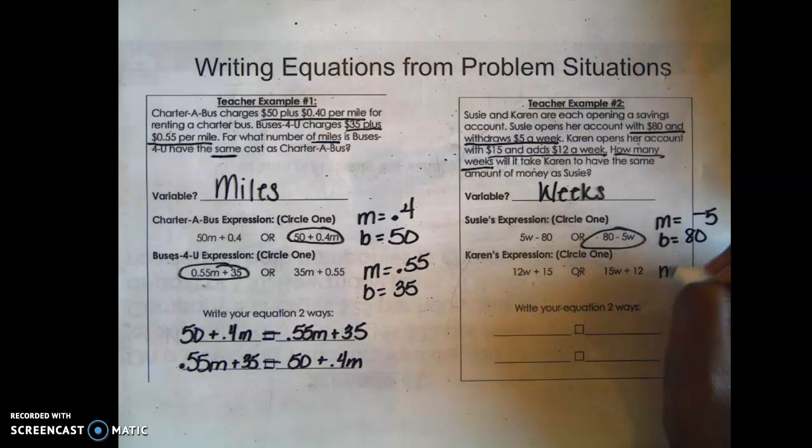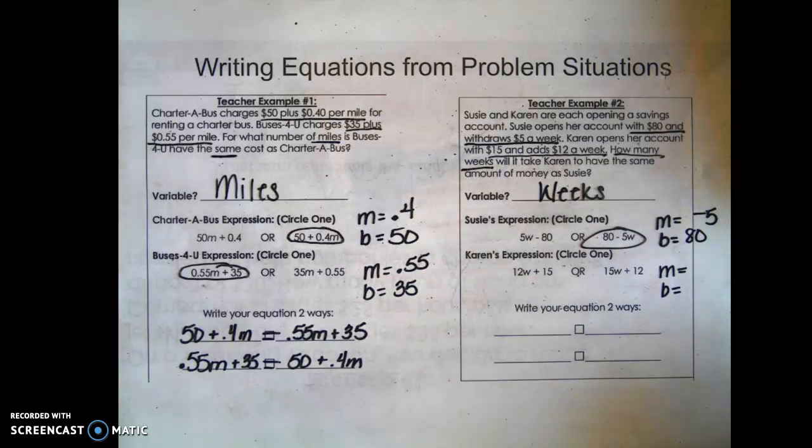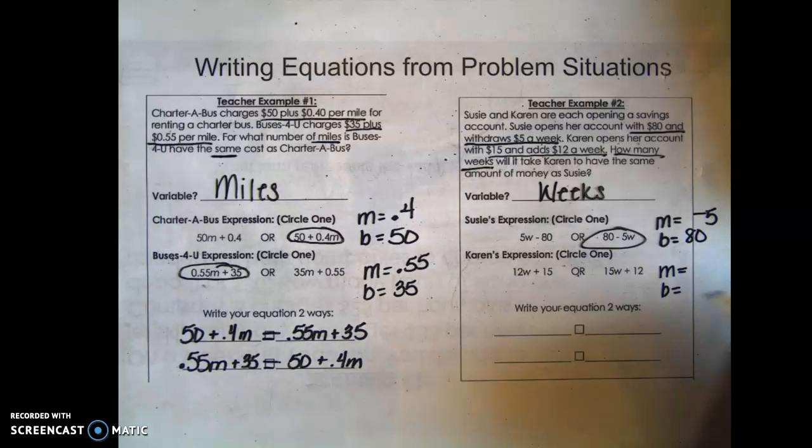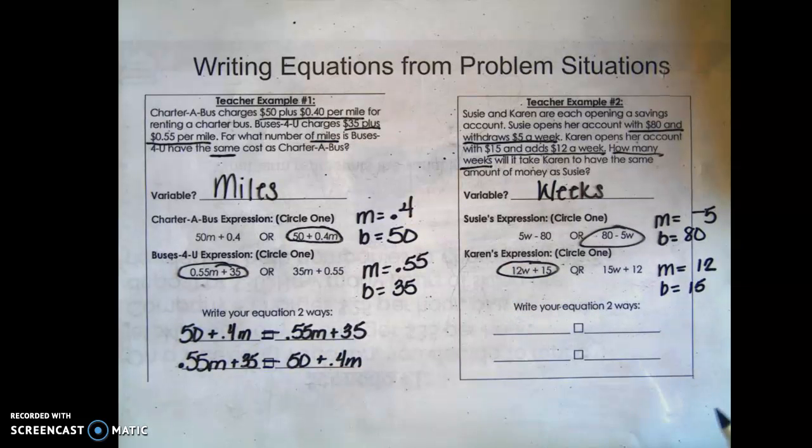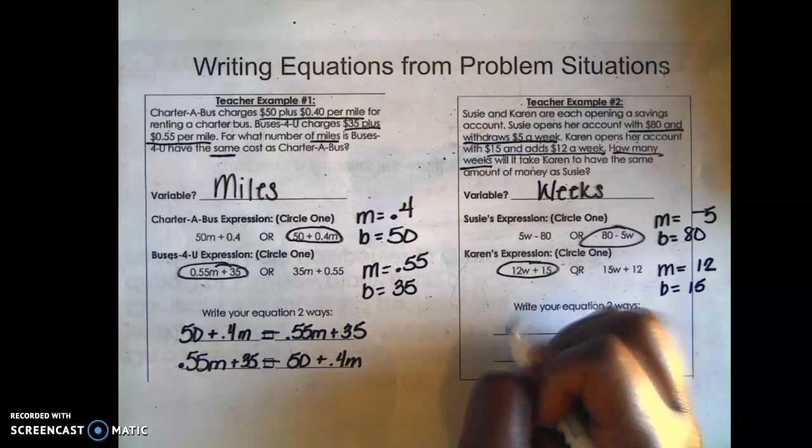Now looking at Karen's expression, m equals and b equals. Karen adds $12 a week, so it's plus 12, and she starts with $15. So it'll be our first expression. Now that I have the correct expressions, I can make them equal and write my equation in two different ways.